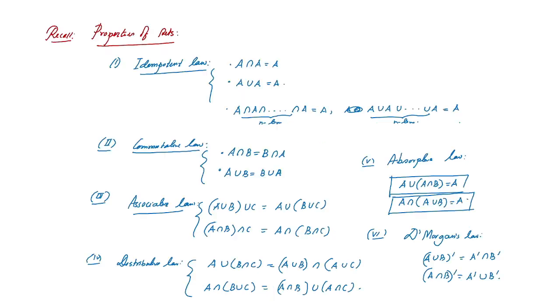Now I said the different laws: idempotent law, commutative law, associative law, distributive law, absorptive law, and De Morgan's law. But here we will prove De Morgan's law. That is one important question in graduation level.